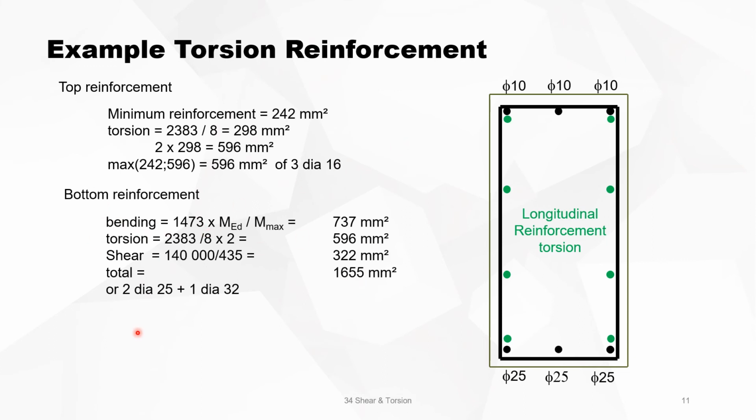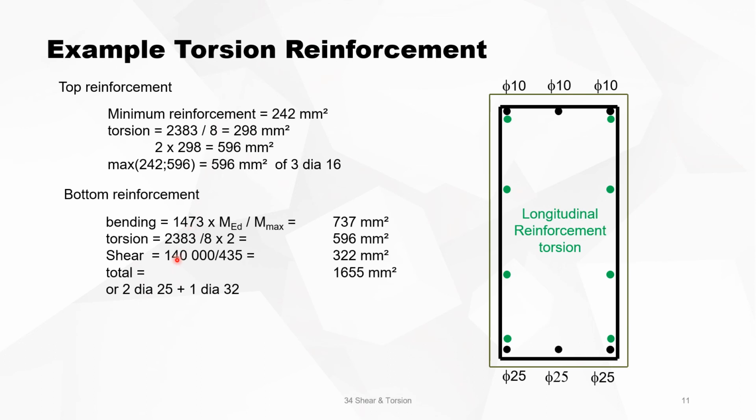Then the bottom reinforcement. For bending, what we need is 737 square millimeters. For torsion, again, it is the total divided by the 8 positions, again 600 square millimeters, because we have here 2 contributions of the longitudinal reinforcement.